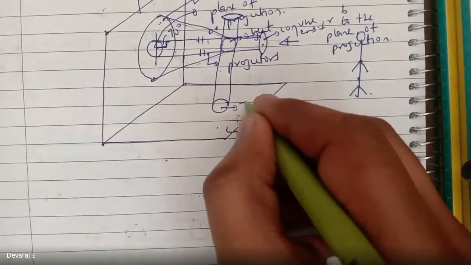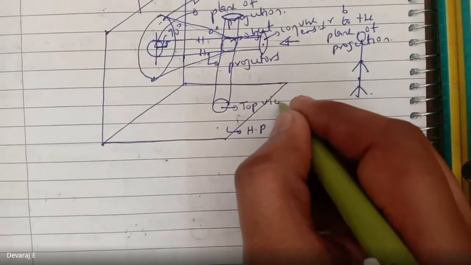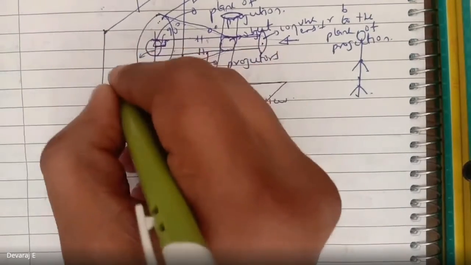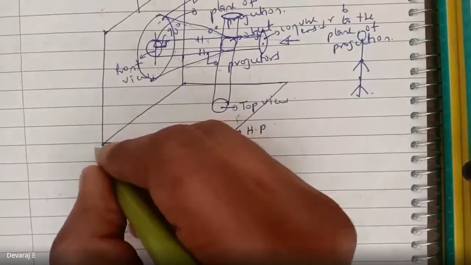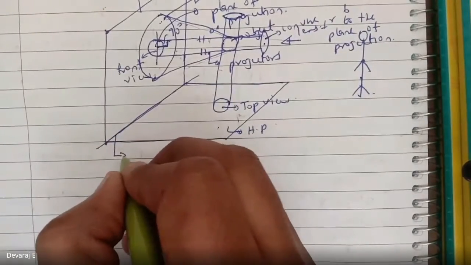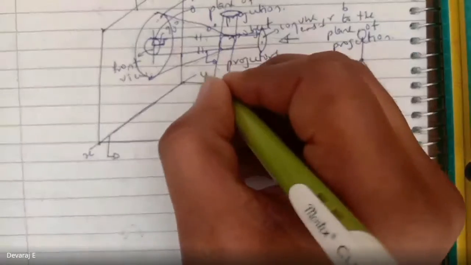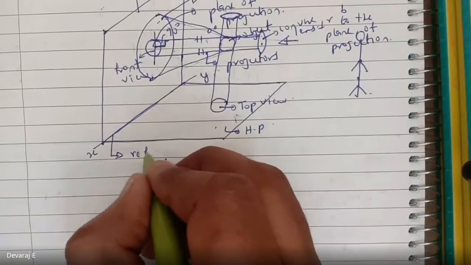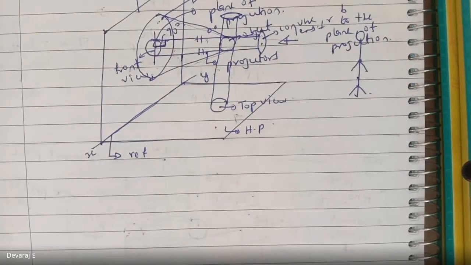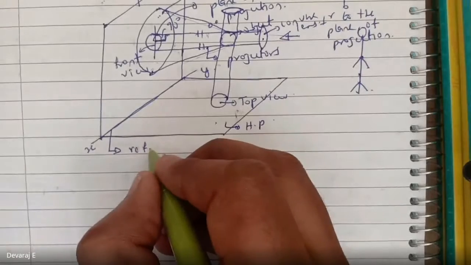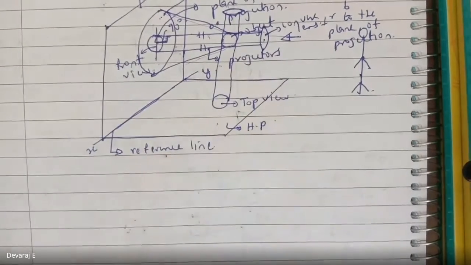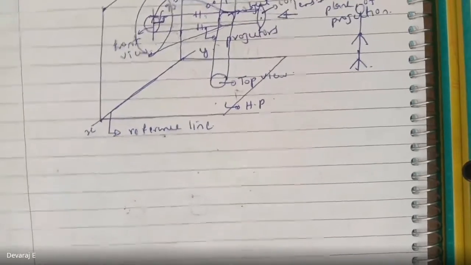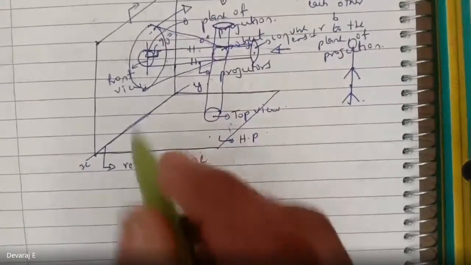So this is the top view. These are called views: top view and front view. Can anyone tell me what this is called? Check the previous class notes and tell me. It is called the reference line, where the VP and HP are connected.